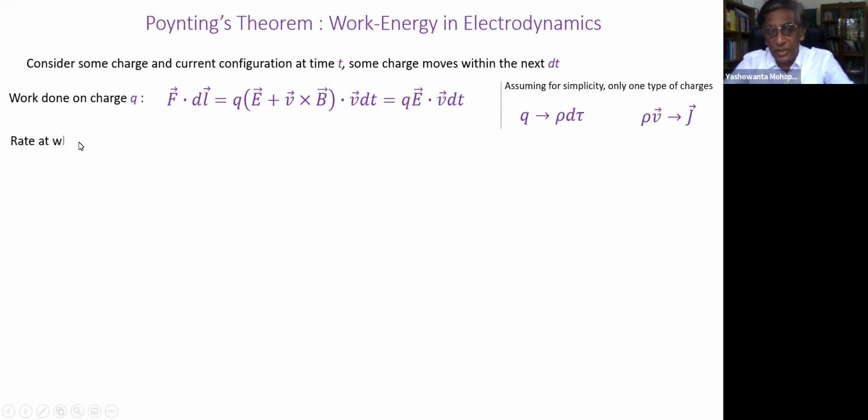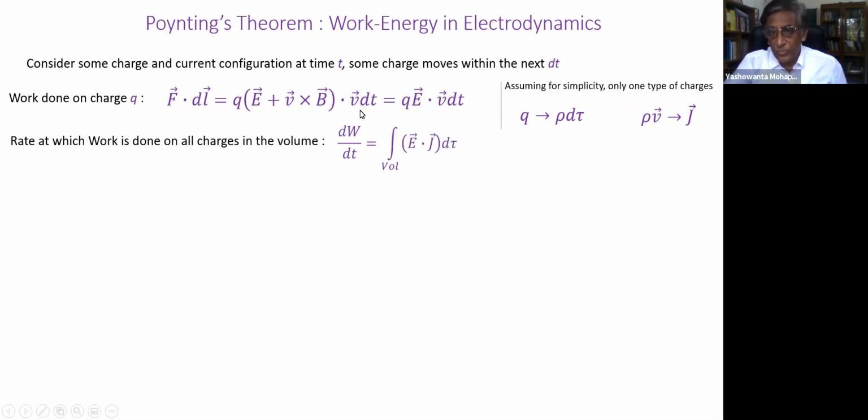So I can write down the rate at which work is done on all charges in the volume, that will be dW by dt within the volume, E coming from here, E d tau, and v dt, J. So E dot J d tau is the rate of work done on this charge and current configuration, simply E dot J integrated over the volume d tau.